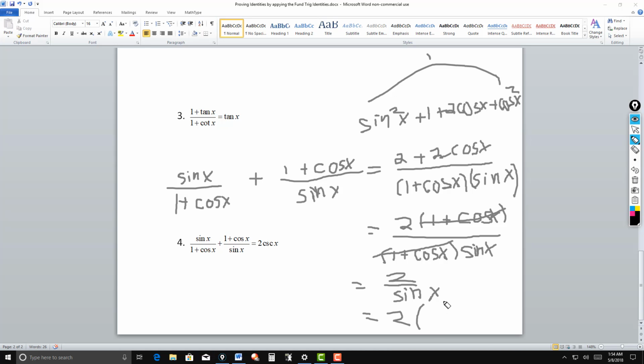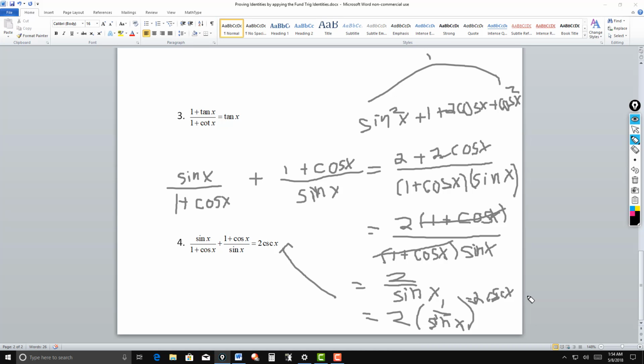This is the same thing as 2 times 1 over sine of x. But 1 over sine of x is cosecant of x. So you can just say this is equal to 2 cosecant of x.